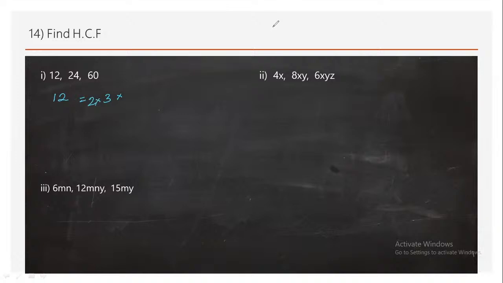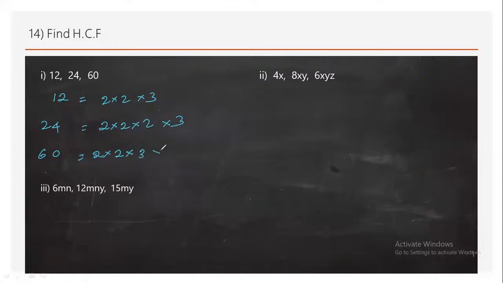If not, you can arrange it like this, 2 into 2 into 3. 2 times 2, 4 times 3, 12. 24 also: 2 into 2 into 2, 2 times 2, 4 times 2, 8 times 3, 24. 60: 2 into 2, 2 times 2, 4 times 3, 12 into 5.